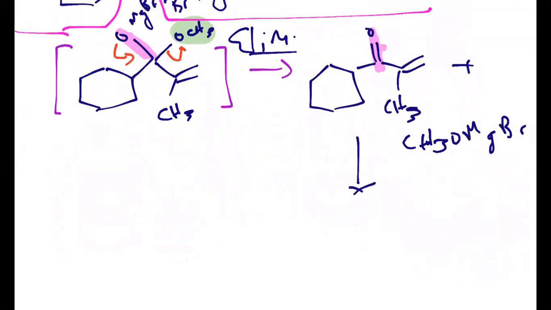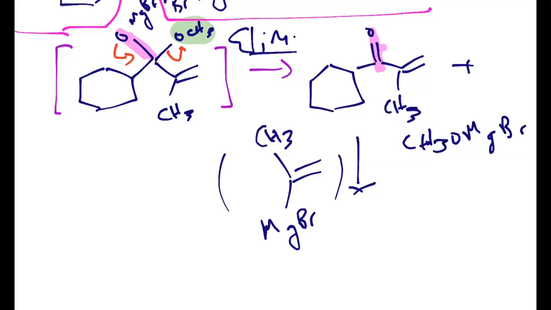If I add another Grignard, let's use the same one for continuity. What's going to happen if I take this Grignard right here and add it to this ketone up here?